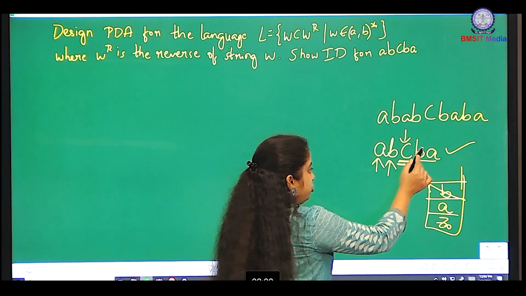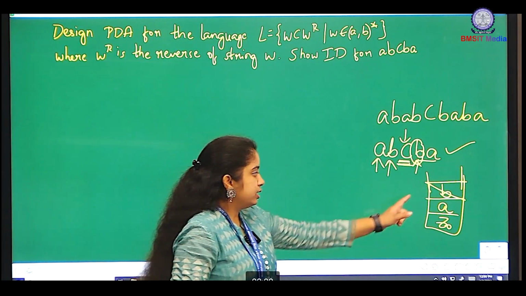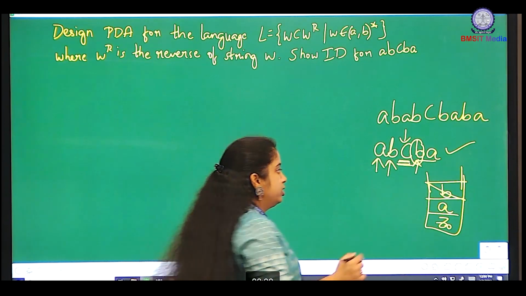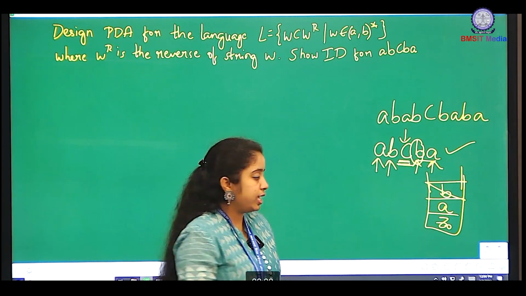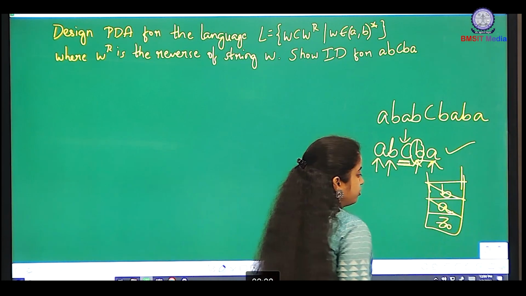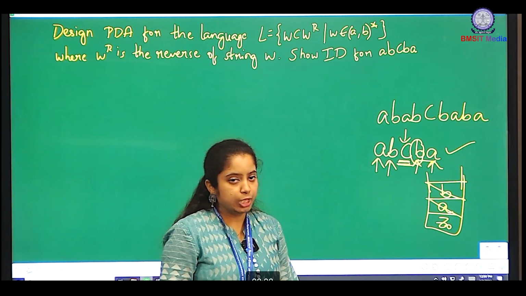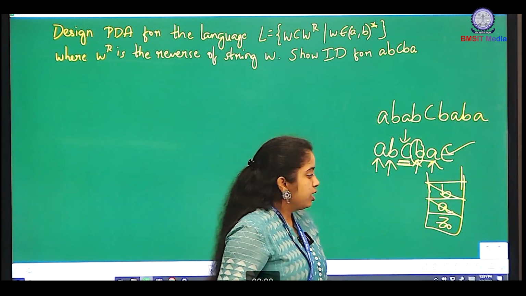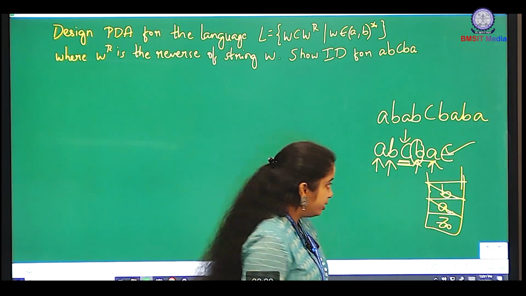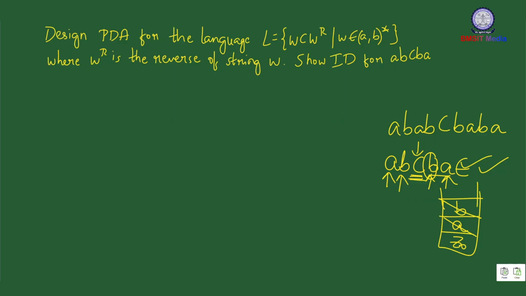When you read A, the top stack element should also be A. Next, when you reach the end of the string, that is epsilon, and Z0 is the top stack element, you accept the string by the PDA.